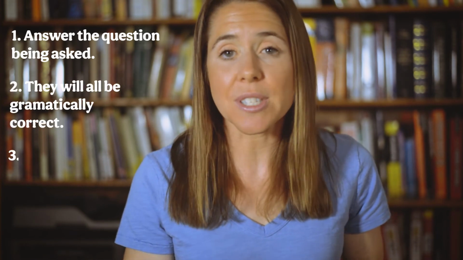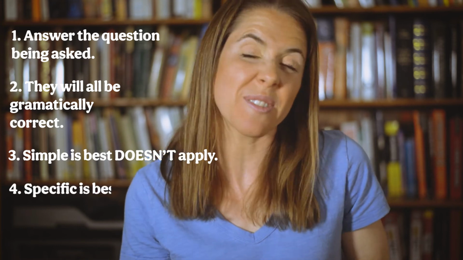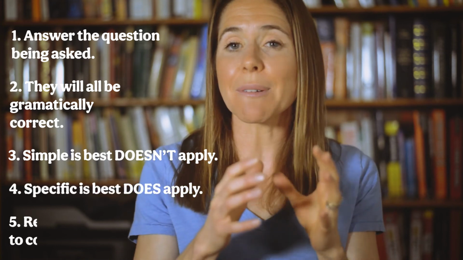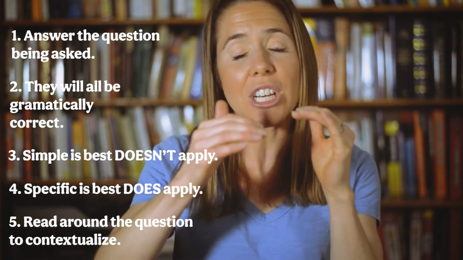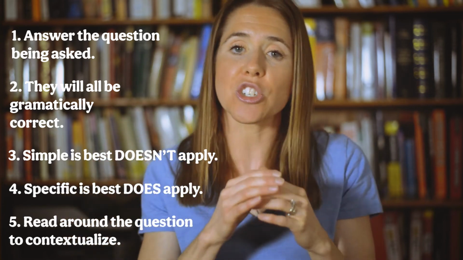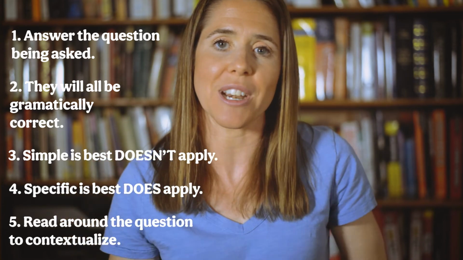All right, so to recap, the most important thing for content questions is answering the question being asked. They're all going to be grammatically correct answers. The simple is best rule does not apply, but the specific is best rule does apply. And a lot of the time, you're going to need to read around the question to contextualize it so that you can get the right answer.